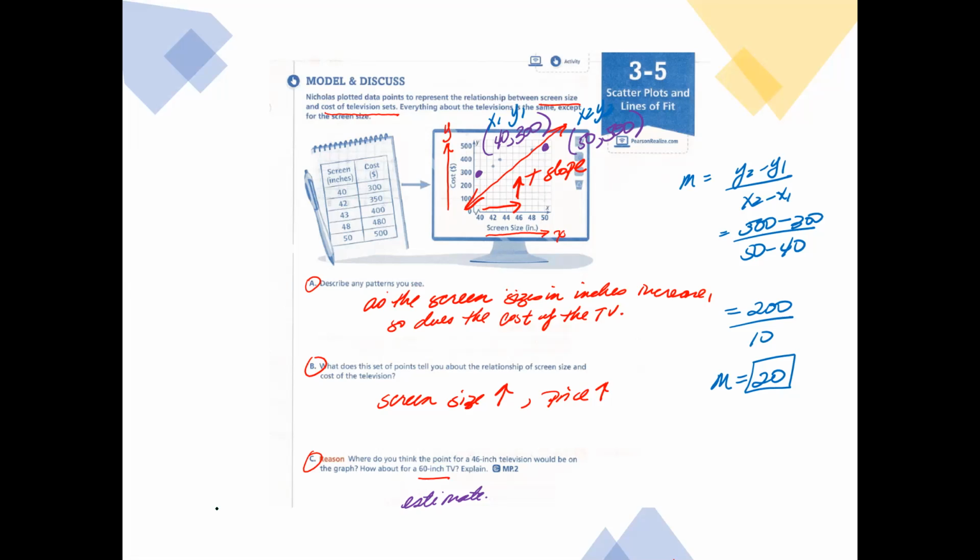So what you can do here is let's pick the smallest point. In this case, my smallest point would be the 40 and 300. And you have y equals mx plus b, 300 equals 20 times 40 plus b. 2 times 4 is 8, plus b.